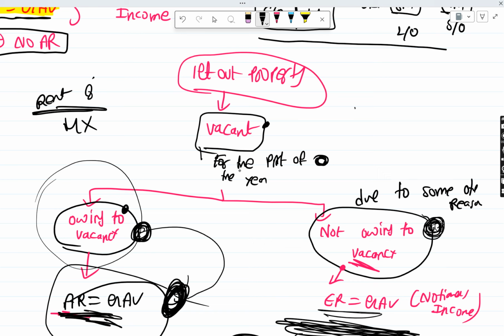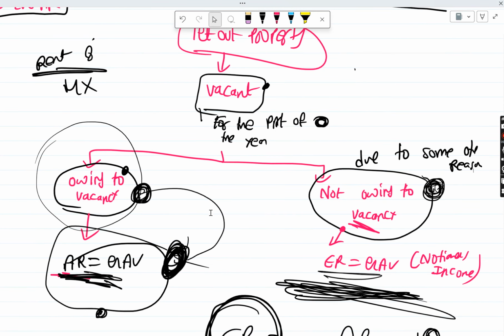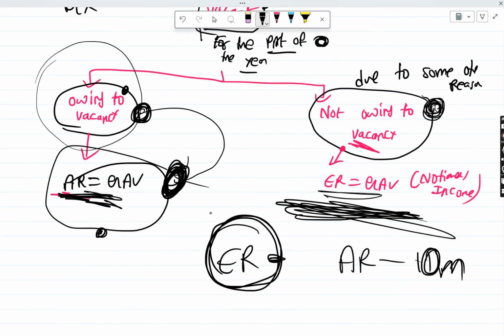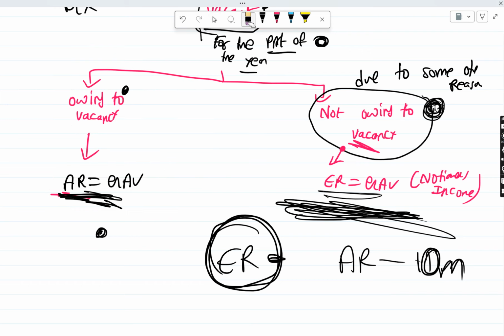If the house is vacant for part of the year, then check whether it is because of the vacancy or some other reason. If it is because of the vacancy, then you take actual rent as GAV. Like obviously if you compare, normally what do we do?